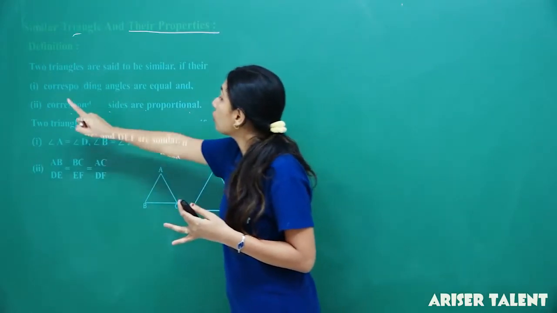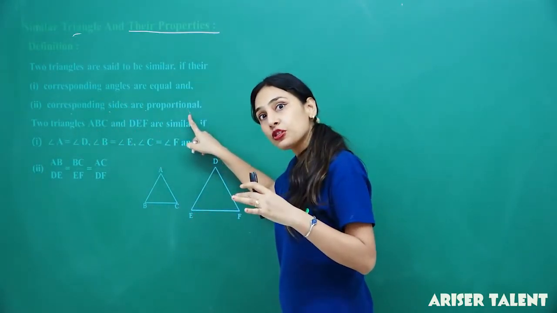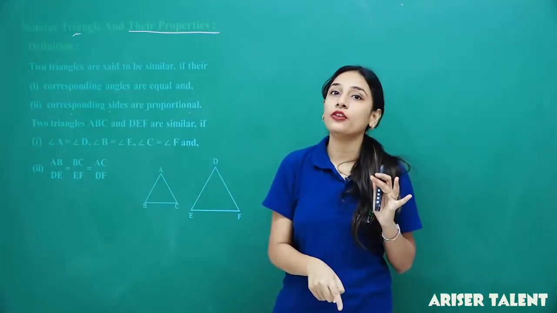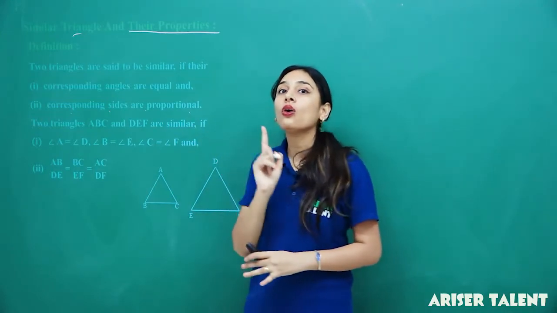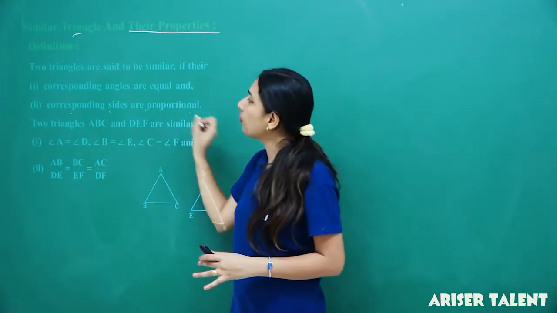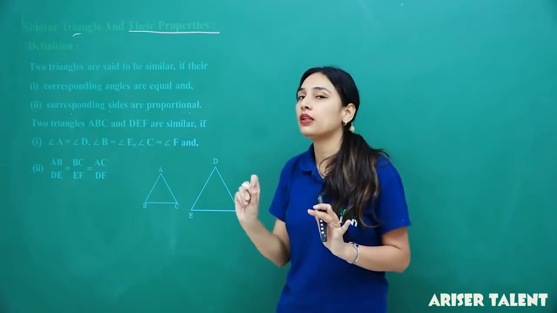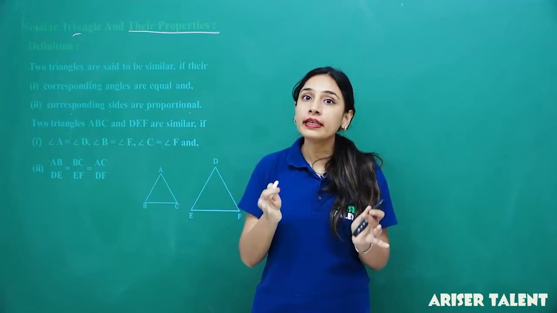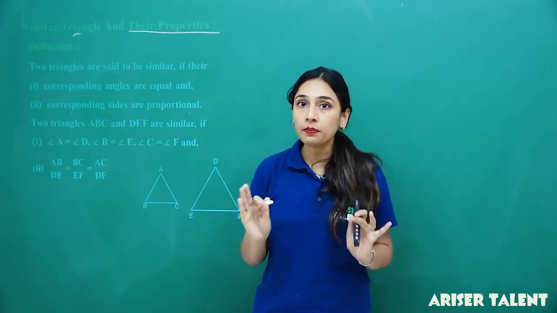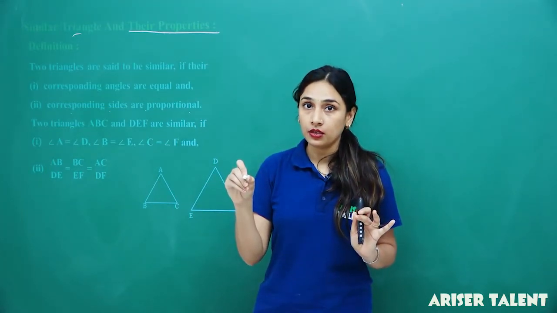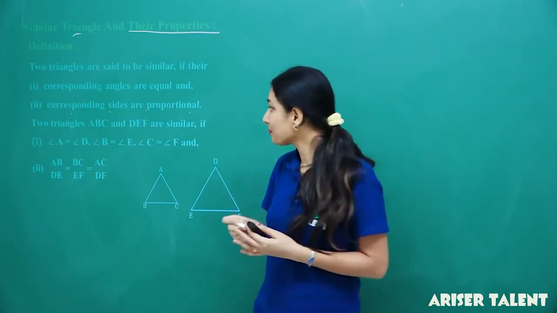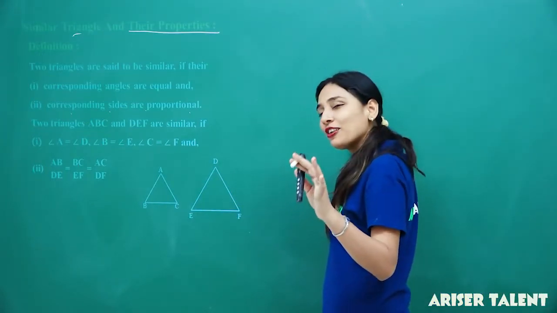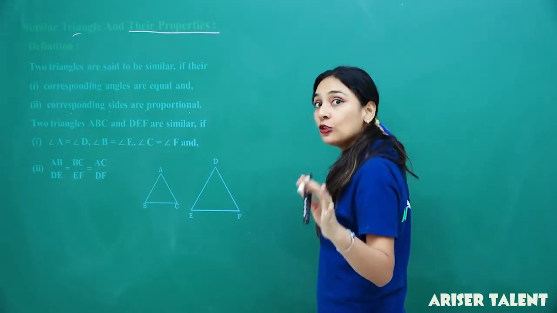If corresponding sides are proportional but also equal, then this type of similar triangle is actually a congruent one. But if they are only proportional, then this is only similar, not congruent. So, something can be both congruent and similar, but it is not compulsory for a similar thing to be congruent.